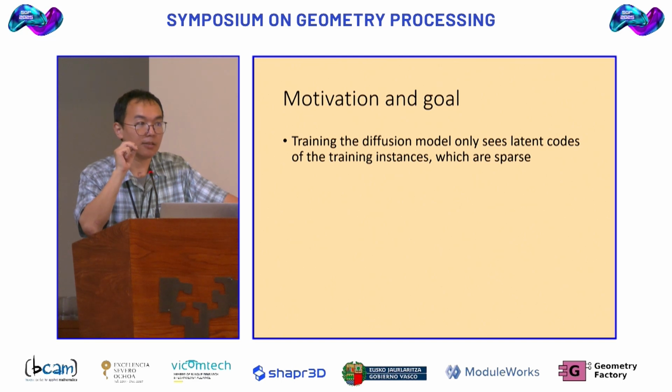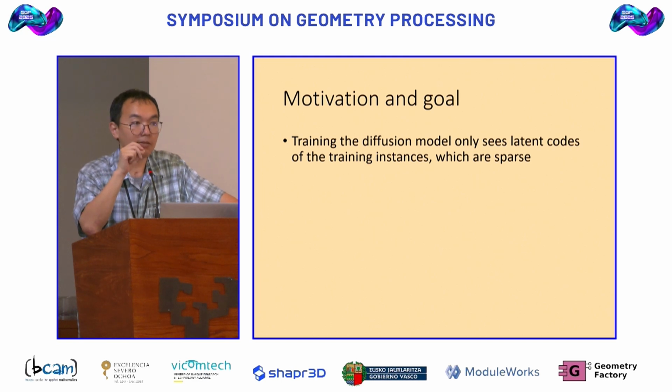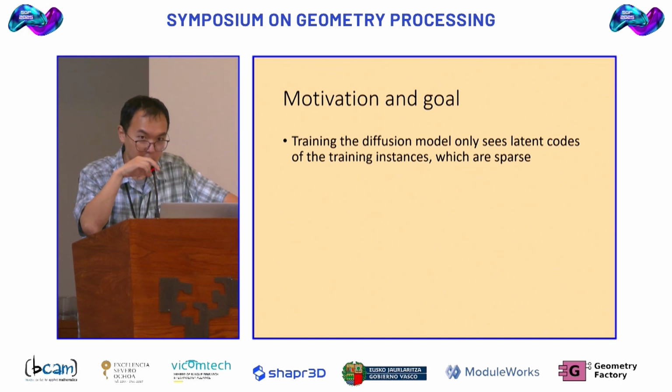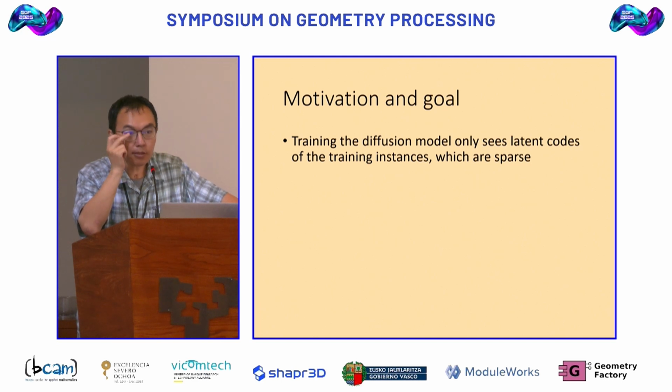How to evaluate? If the shape is disconnected, has multiple connected components, you can evaluate that. If it's disconnected, then you know this latent code is bad. Then when training the latent diffusion procedure, we should not sample the neighborhood of this latent code.